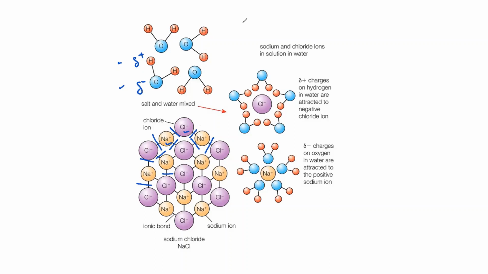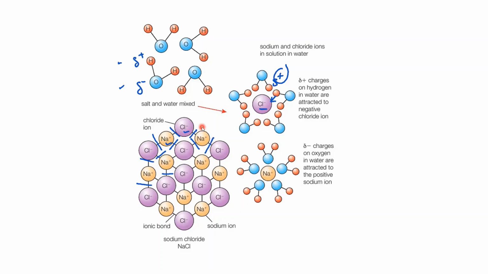Now look at this picture. Look at the chloride. How is it surrounded by water molecules? Look here, the chloride is negatively charged, while the hydrogens are slightly positive. It means that this positivity is important because it attracts the negative chloride. But what about the other picture? The slightly negative oxygen is attracting the sodium.